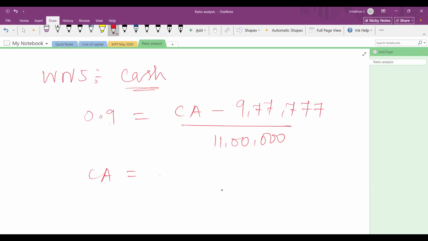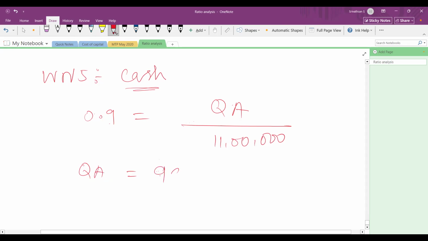Oh, sorry. I forgot. So, what is current asset? No, that we can calculate. Do that. So, quick asset is equal to 9 lakh 90,000.